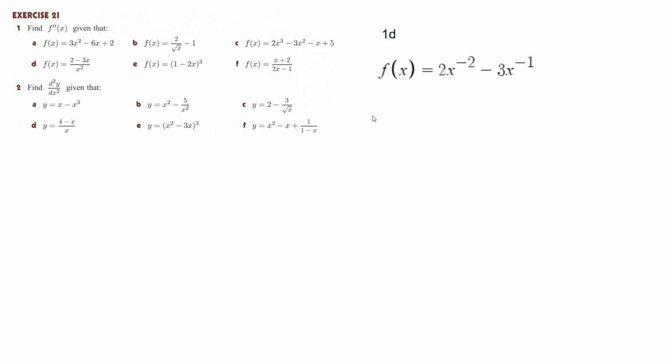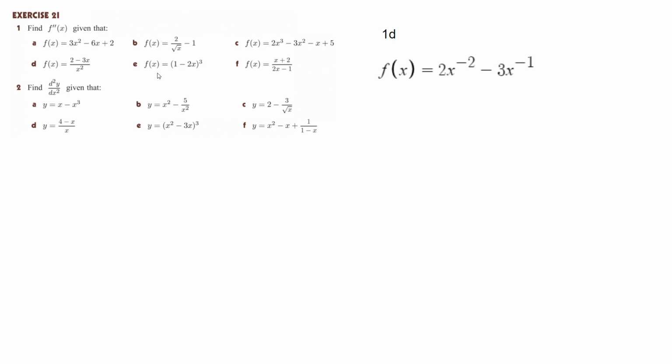All right. First of all, my example: I've picked part D from question 1 because this is a good example of how, if you rearrange something first, it makes a lot less work for you later on. So you see my format, I've broken this up into 2 divided by x squared minus 3x divided by x squared, and then simplified that to this format.